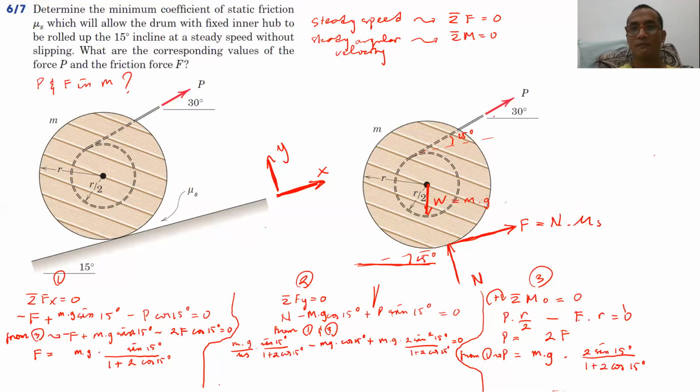Because P will give us a clockwise moment, and W will not give us a moment against the center of rotation O, and the normal force, because it goes through the center of rotation, will not give us a moment either, the only one that can balance the moment due to P will be F. That's why F is supposed to give the opposite moment.